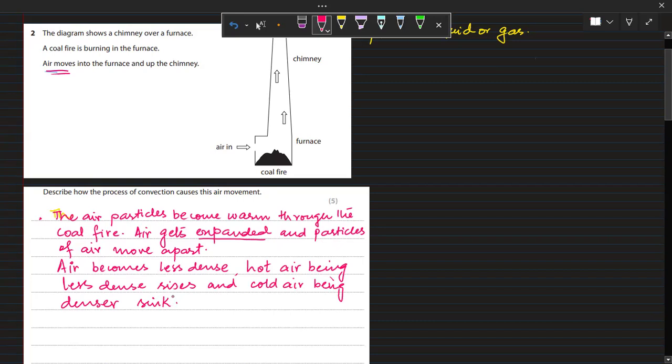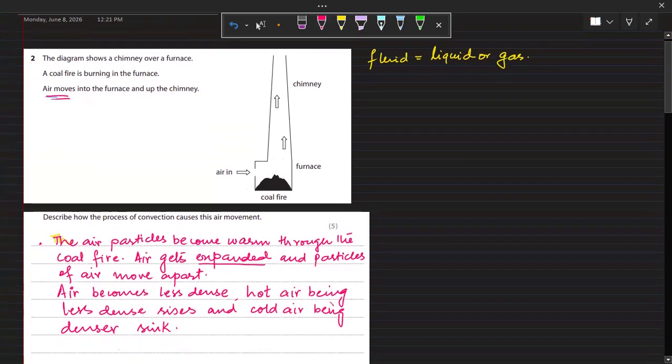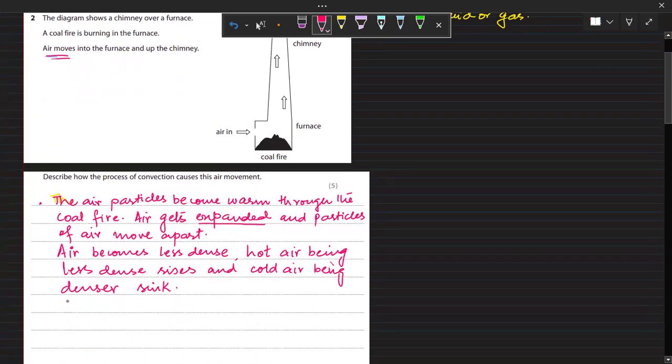And so the hot air being less dense rises, right, and escapes out from the chimney, okay. Hot air when rises escapes from the chimney, okay.